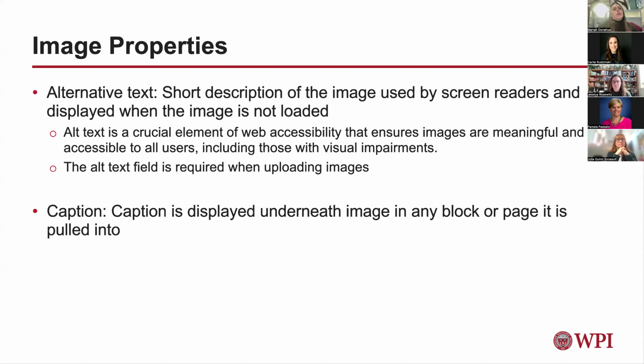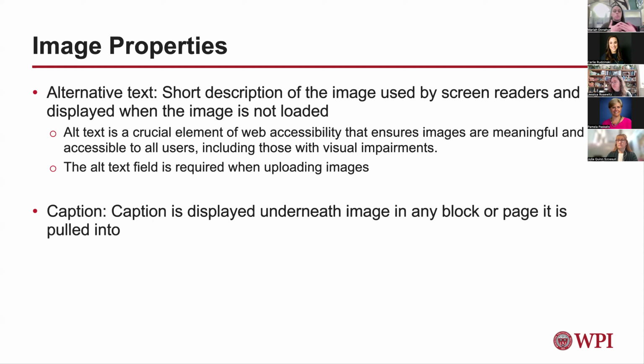If you are uploading an image to the Drupal media library, you will be presented with this field. It is required, and the image won't get uploaded to the media library without it. We also have the caption field. The caption is going to be associated with the image wherever it's pulled in across the site.